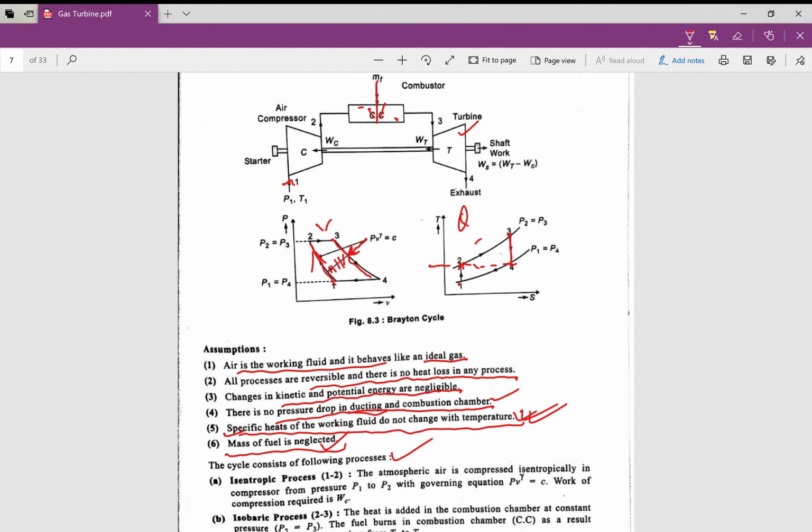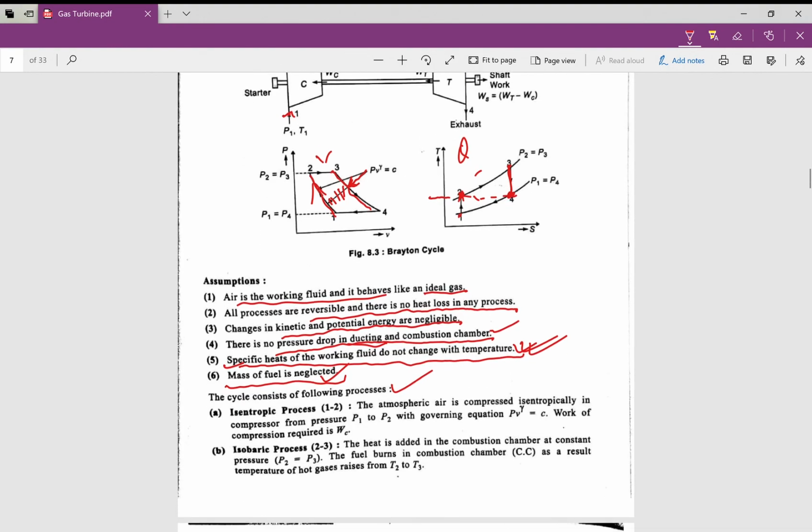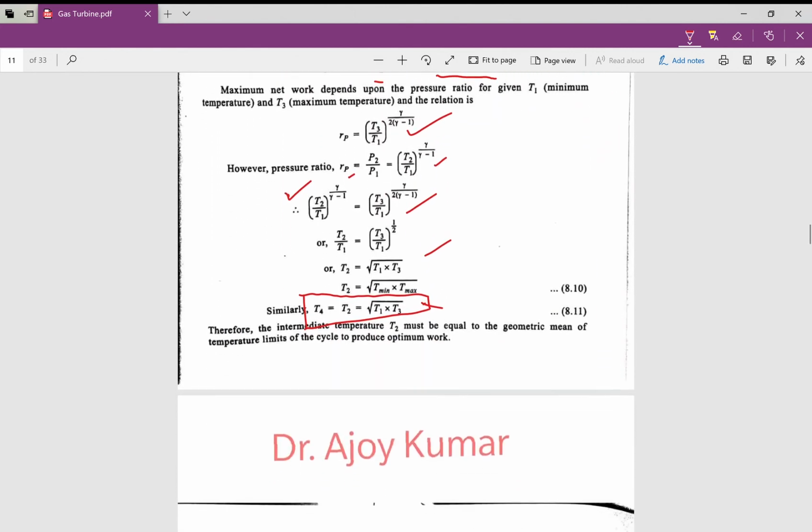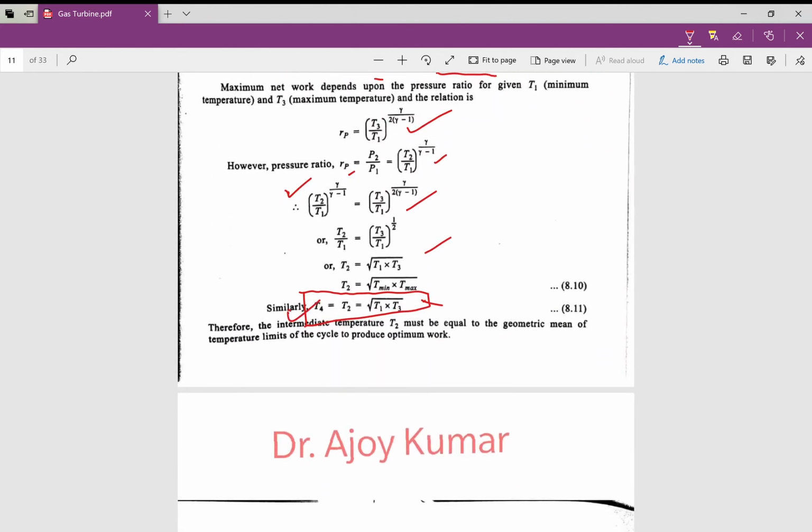So after expansion, whatever temperature that should be equal to the temperature of air after compression. Henceforth, T2 is equal to T4 over here. So T4 equal to T2 comes the product of the minimum temperature T1 and maximum temperature T3, under root. So this result is also very important from the examination point of view.